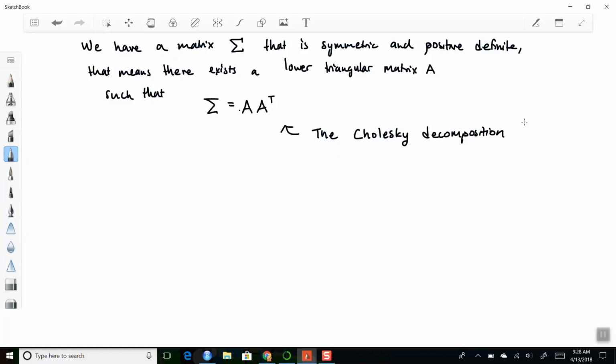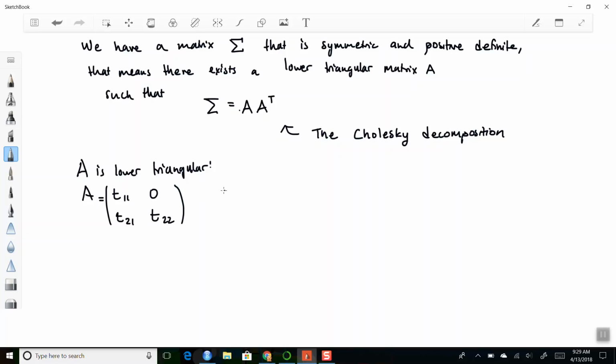All right. So how do we do the Cholesky decomposition? Okay, so we're going to say A is lower triangular. So that means we're going to define A as equal to T11, 0, T21, T22.